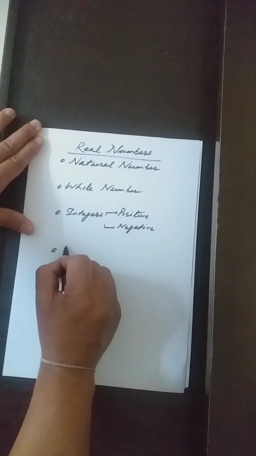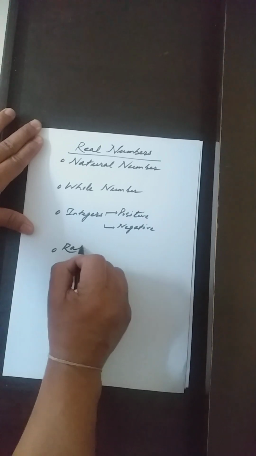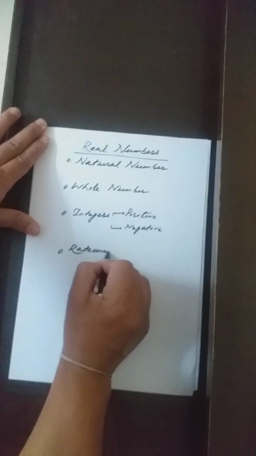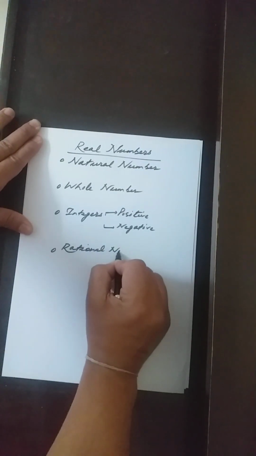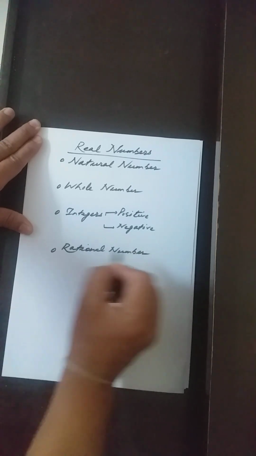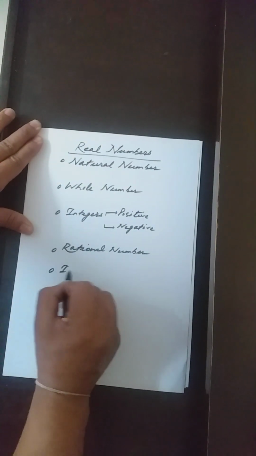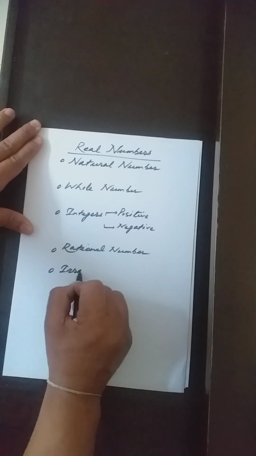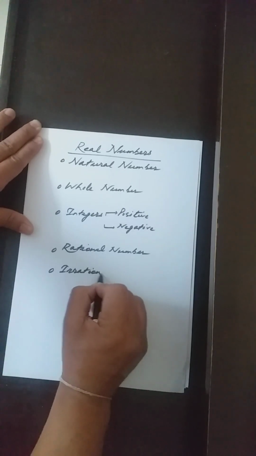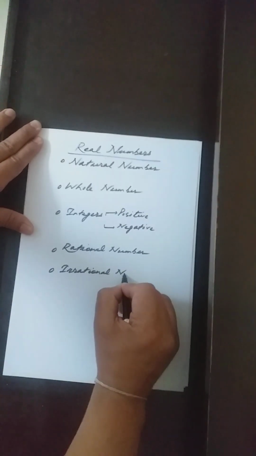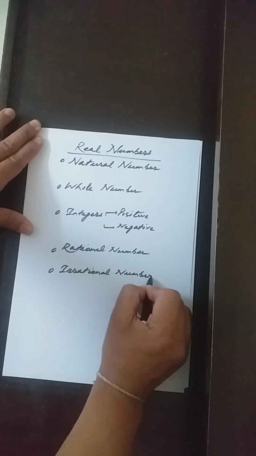Then we have rational numbers, and we also have irrational numbers. Irrational means all those numbers which are not rational numbers.